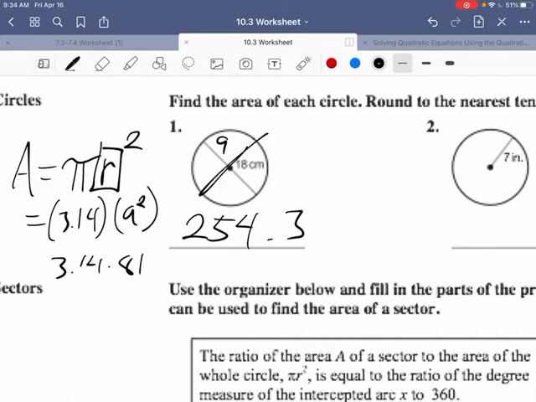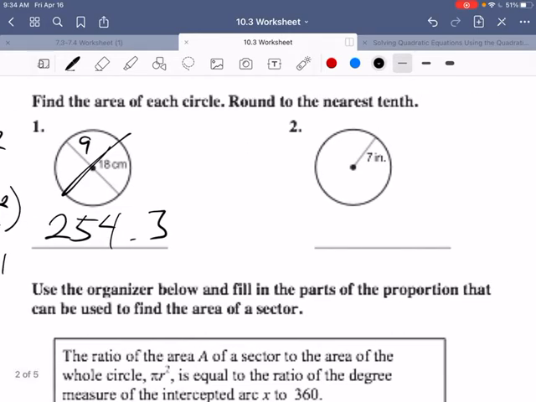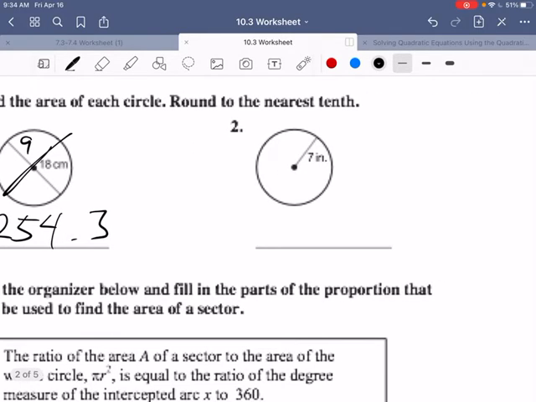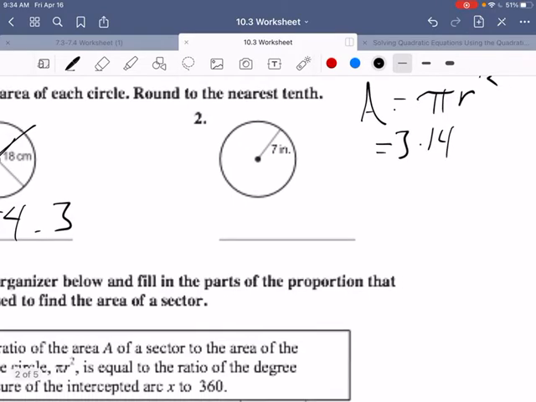So, same process with this number 2. Area equals pi r squared. Well, they give us the radius this time, so all we need is 3.14 times 7 squared.